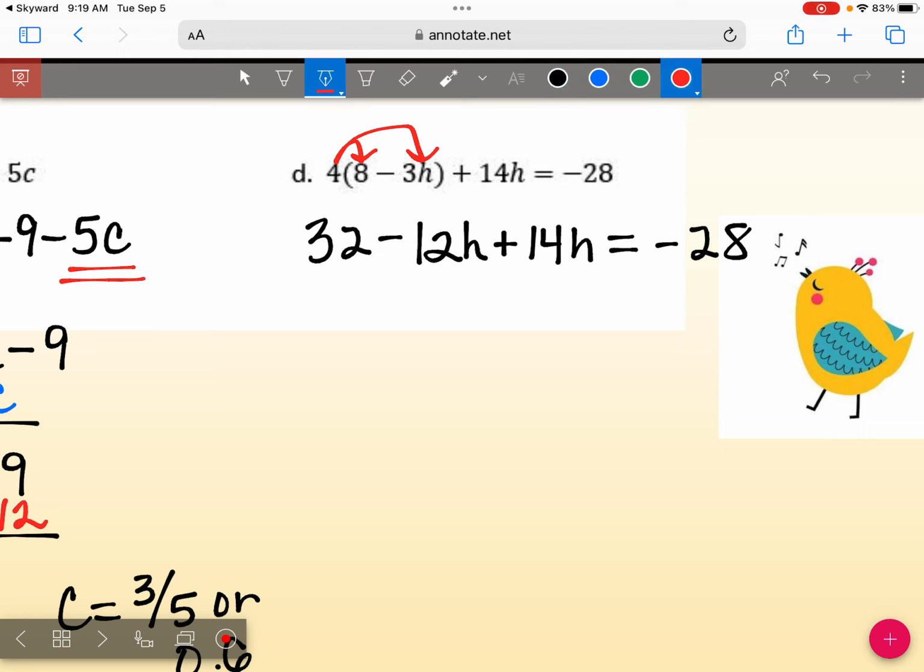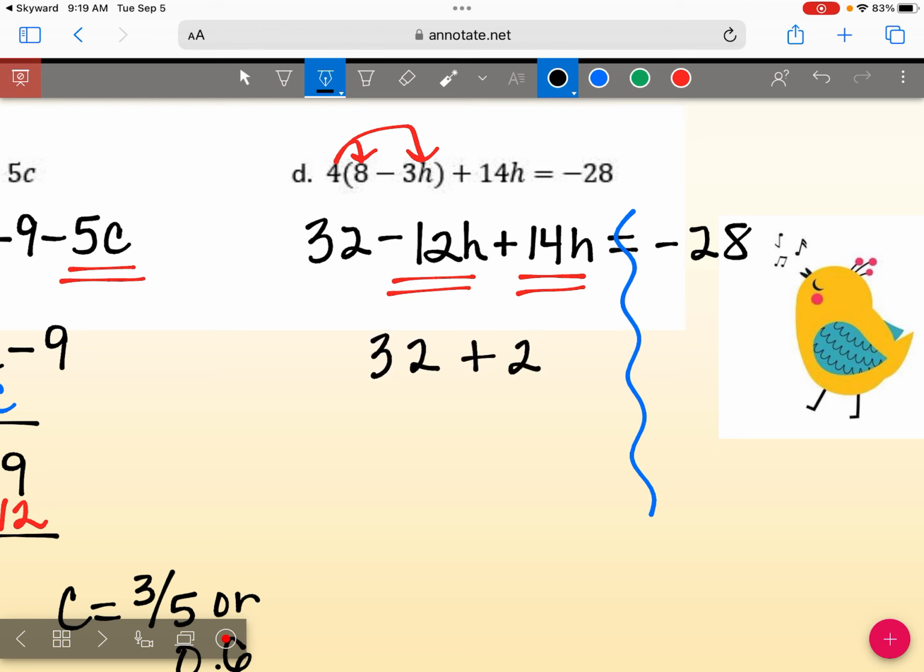What I'm noticing is that I have these two terms, and they're both on the left. So we need to combine them together. What's negative 12 plus 14? 2, positive 2. So that would be 32 plus 2h equals negative 28.